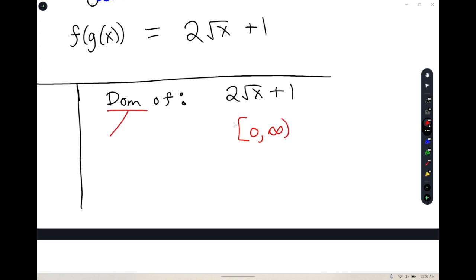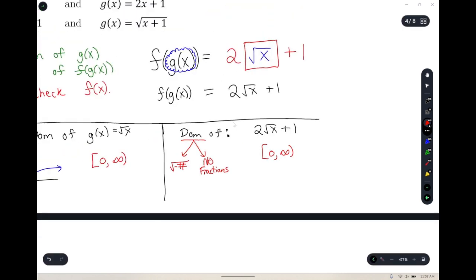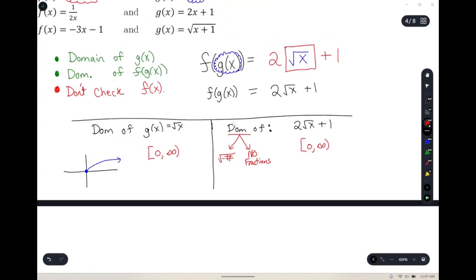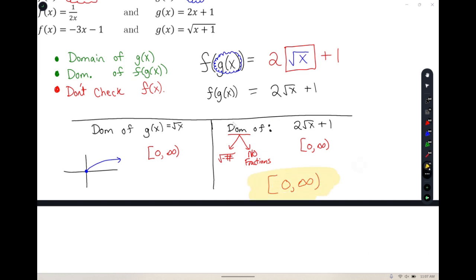Because nothing happens on the inside that's different, right? And there's no fractions or x on the bottoms to worry about. So it's just kind of exactly the same. So what do you think your total domain is? Just that, right? It's not too bad to solve. Cool.